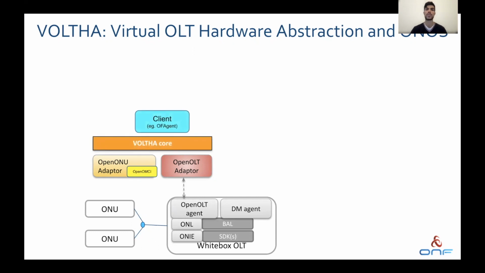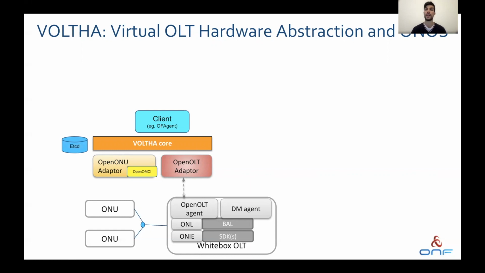On top of those sits what we call the VOLTHA core, which is responsible for handling all the requests from the northbound and the events from the southbound, and appropriately making decisions on top of these. And on top of that, we have the OpenFlow agent, which exposes VOLTHA as a single switch to any SDN controller on the northbound.